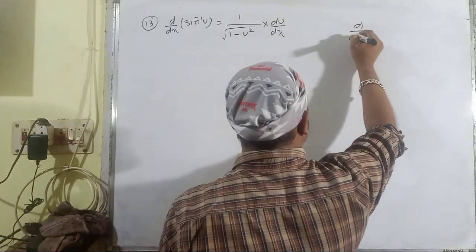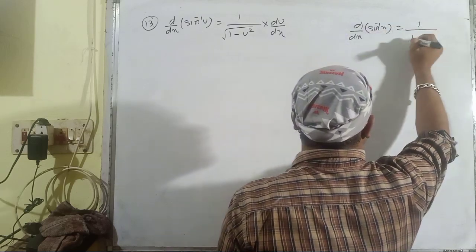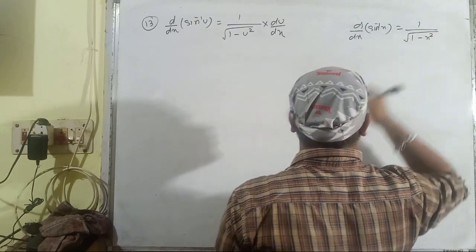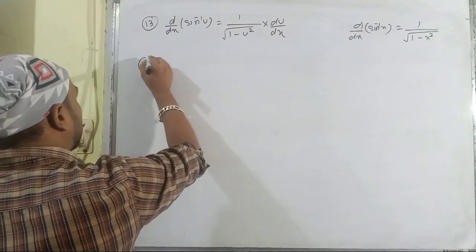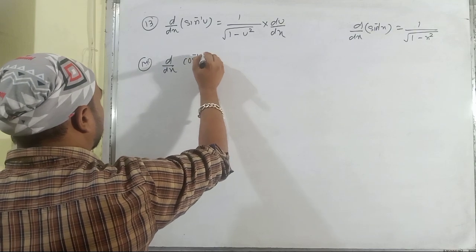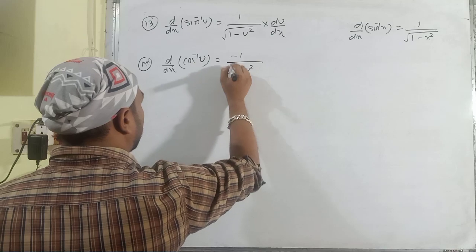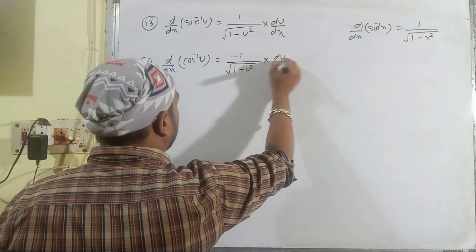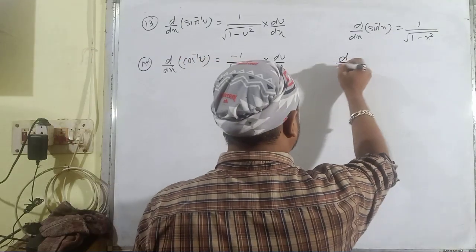Previously we know that the differentiation of sine inverse x was 1 upon square root of 1 minus x square. Then number 14 is here: differentiation of cos inverse u is minus 1 divided by square root of 1 minus u square, again multiplied with the differentiation of u with respect to x.